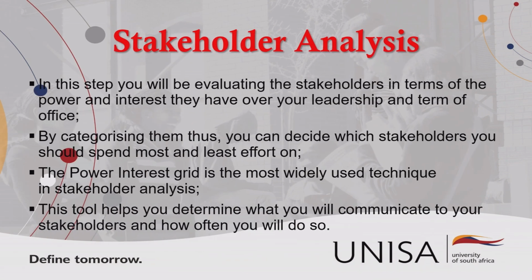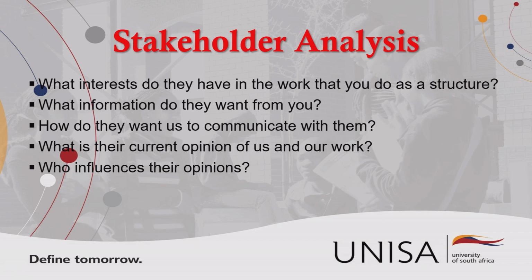For stakeholder analysis, we have what we call a power interest grid. Now that you've listed all of your stakeholders, and you know which ones are internal and external, you have to begin to plot them on the power interest grid.